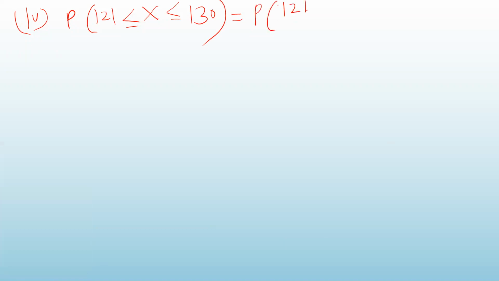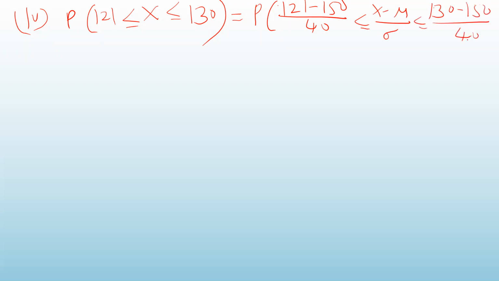Put the value of mu and sigma. So this is equal to the probability of (121 minus mu), where mu is 150 and sigma is 40. So (121 minus 150) upon 40 less than or equal to (X minus mu) upon sigma less than or equal to (130 minus 150) divided by 40. So what I have done is simply put in the value of mean and standard deviation.